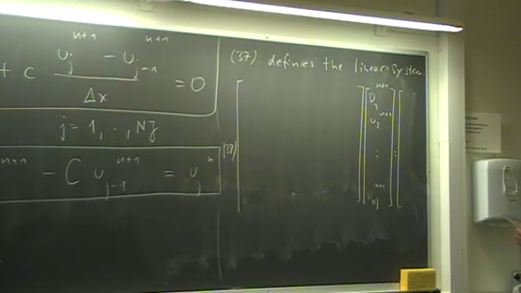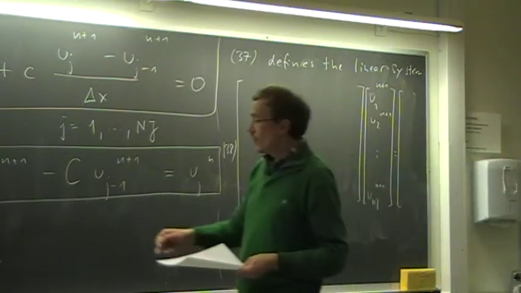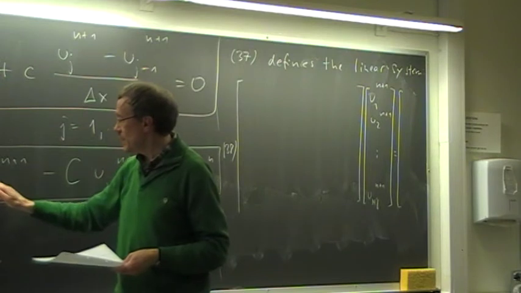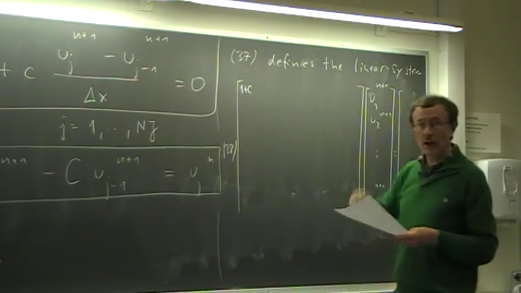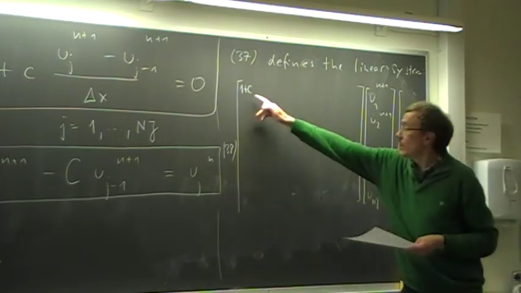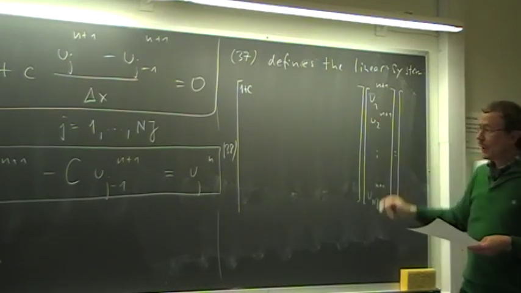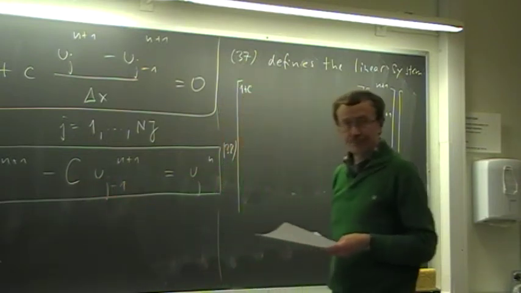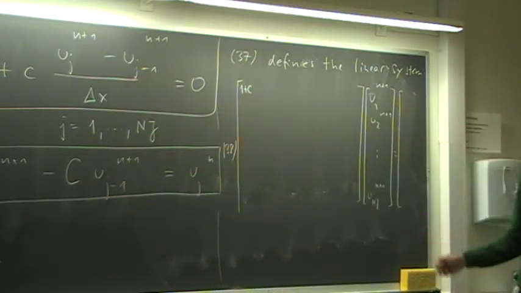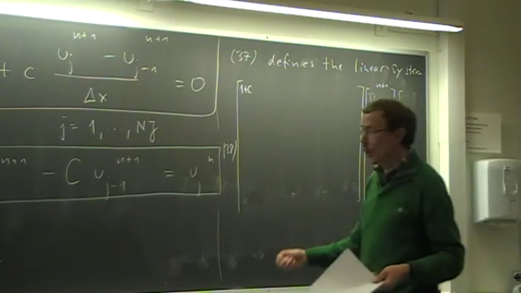If we start with j equal to 1, then we see that we will get 1 plus c times u_1. So it means we have to get a 1 plus c in the upper left corner. That will multiply by this. Then we have here minus c u_0. u_0 is a boundary condition that we know.